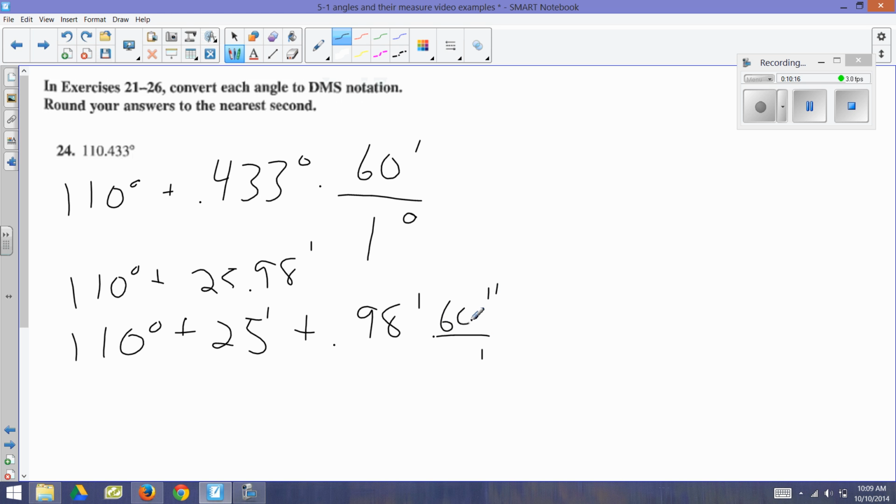And remember, 60 seconds are in 1 minute. So you would take 0.98 times 60. So I have 110 degrees, 25 minutes. And when I put that in my calculator, I get 58.8. So that rounds to 59, rounding to the nearest second.